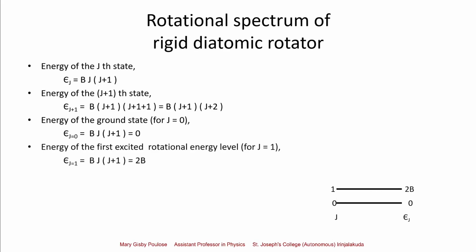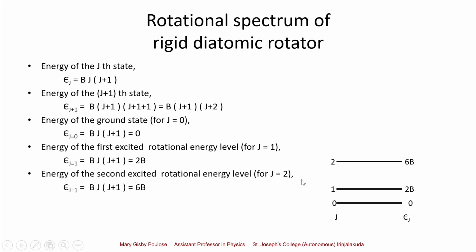Now the energy of the first excited rotational energy level, that is for J equals 1, eta J equals 1 is equal to, substituting for J equals 1, we get 2B. So for J equals 1, eta J is equal to 2B. Energy is higher, so we get an energy level higher than the ground state.